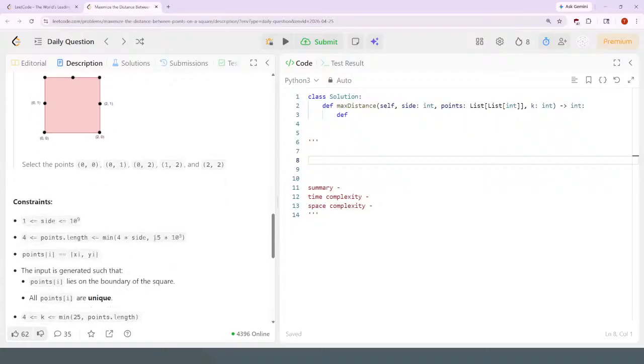So it's 15 times 10 to the third. If I did every point versus every other point, that'd be 225 times 10 to the 6 divided by 2 or so.